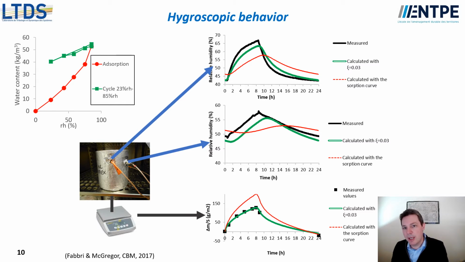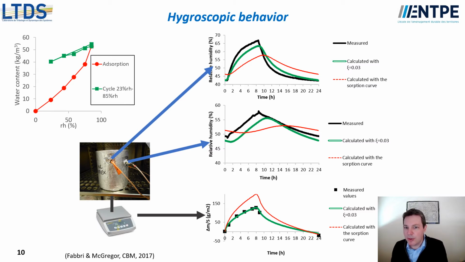And in such case, we can see that the experimental results are very close to numerical calculations. The conclusion of that is that the adsorption isotherm, which is actually one of the most important parameters for hydrothermal modeling, should not be taken in a fixed way, but it should correspond to the real condition in which the material will be solicited.